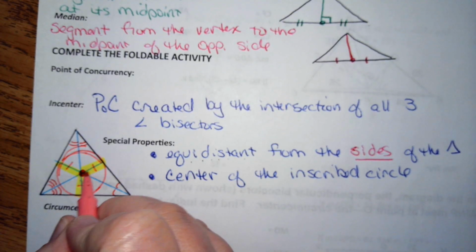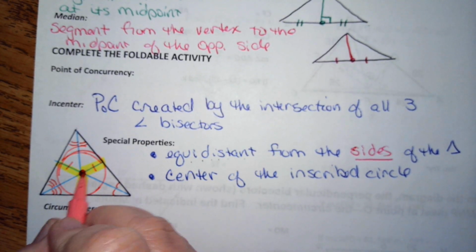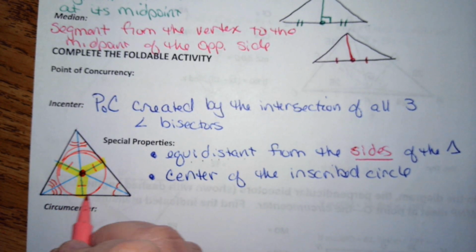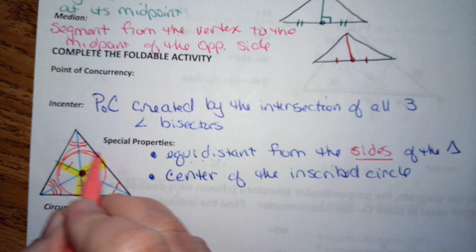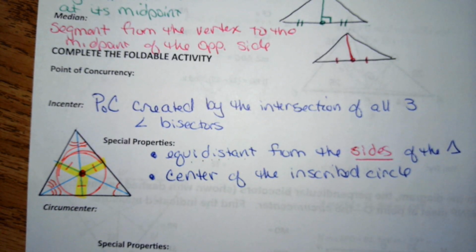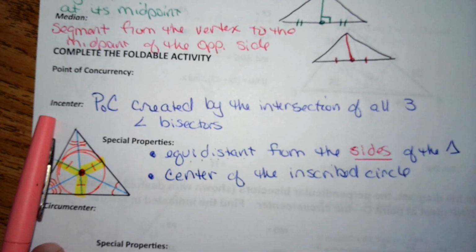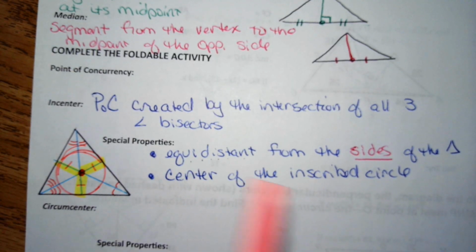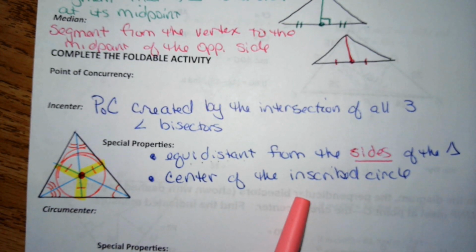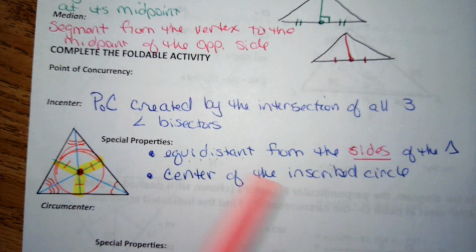The length of that right there, if you use that as your compass radius, will give you an inscribed circle which would touch all three sides. My compass moved a little bit, so it's not a perfect example, but you at least see the idea of it. And as I said yesterday, what does incenter start with? I-N. What does inscribed start with? I-N. So that's an easy way to remember that.